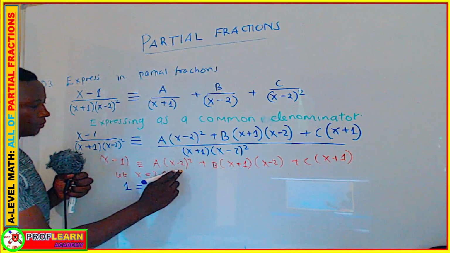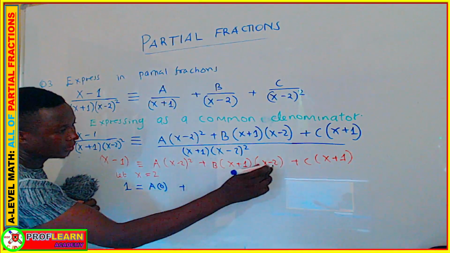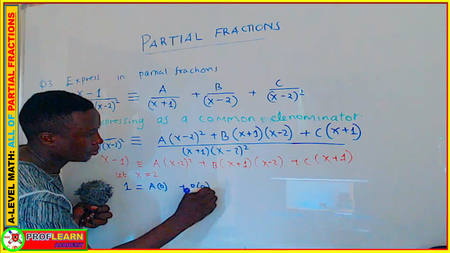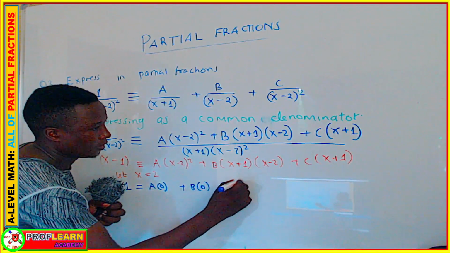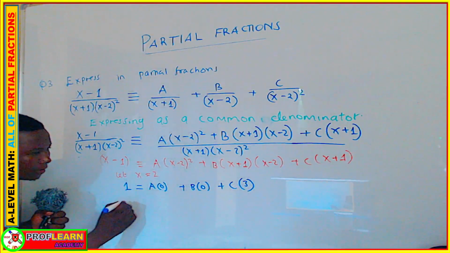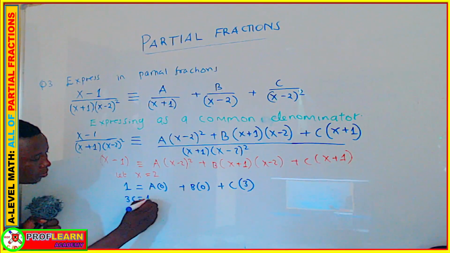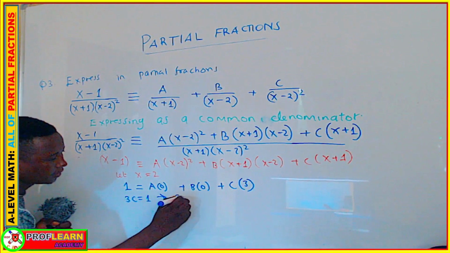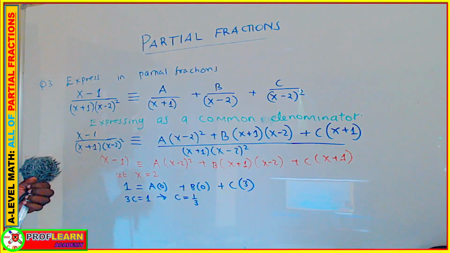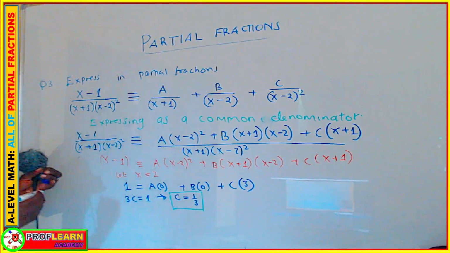This will be a into 0 plus b into 0 plus c into 2 plus 1, which is 3. So our expression becomes 3c equals 1, which implies that c is equal to 1 over 3.